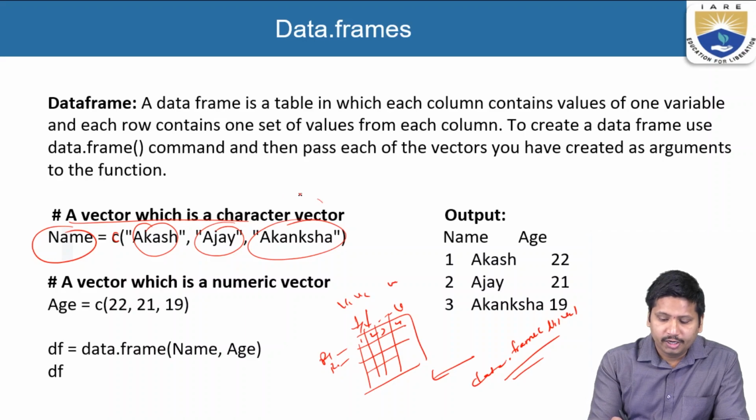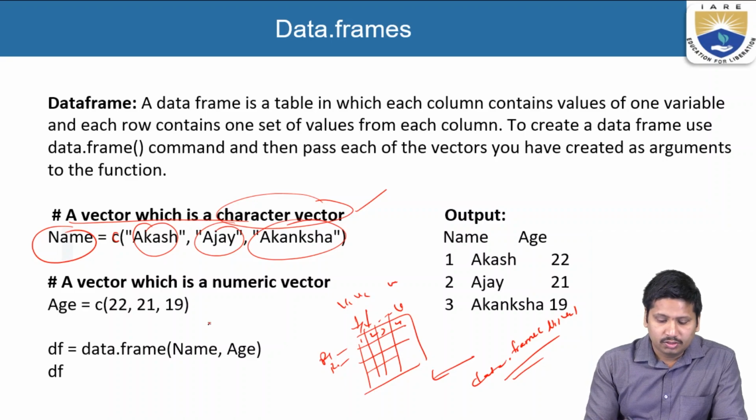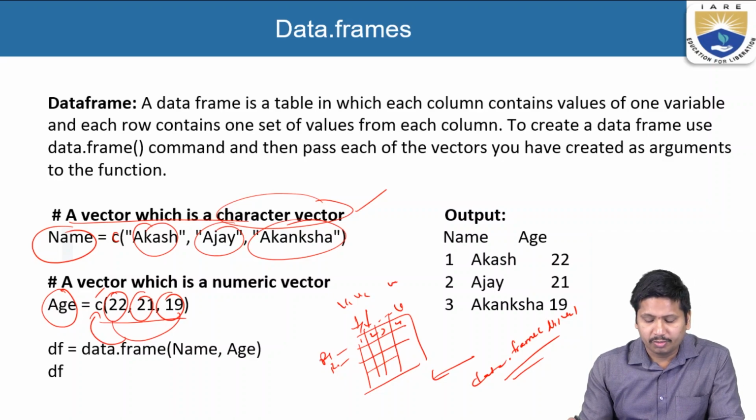It should be a character vector, as I said. Similarly, if I want to create a numeric vector, the vector name is H, and I'm going to pass the numerical values. These are the values that are stored in the vector, and the vector is assigned to this variable.